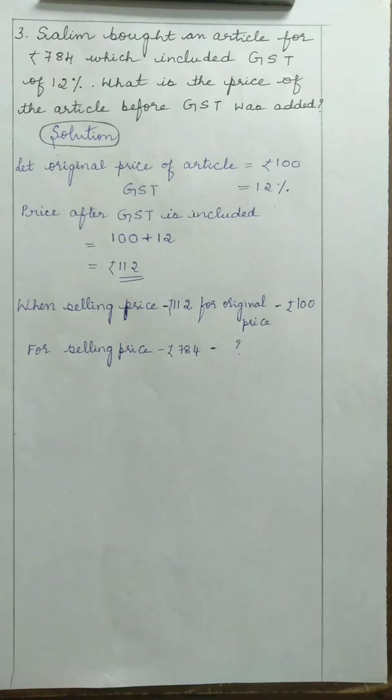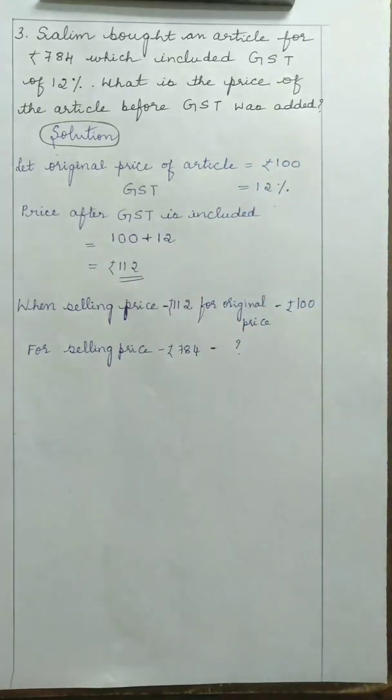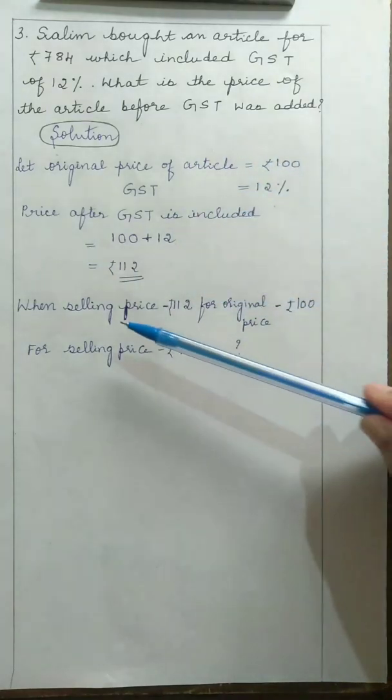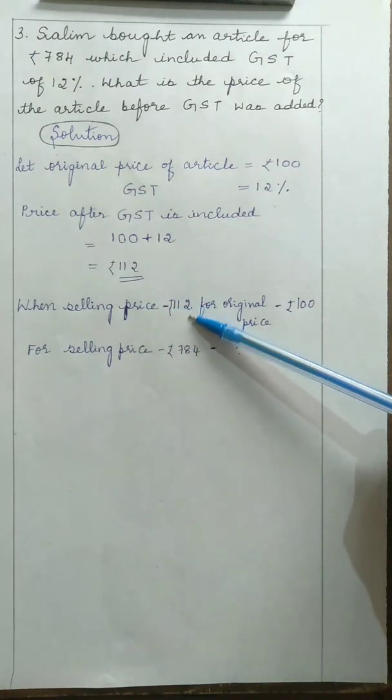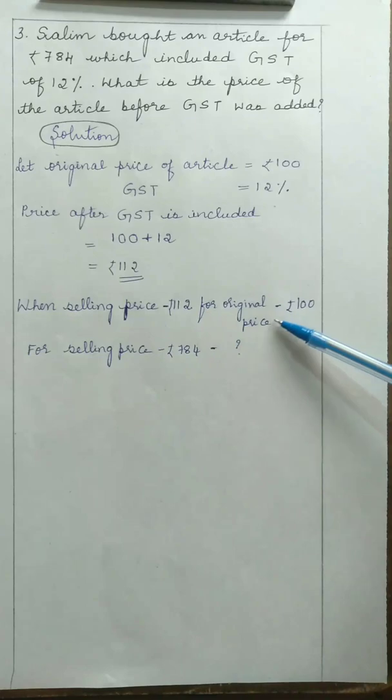The original price we considered as rupees 100, GST 12%, and price after GST is included was rupees 112. So when the selling price is rupees 112, the original price will be rupees 100.